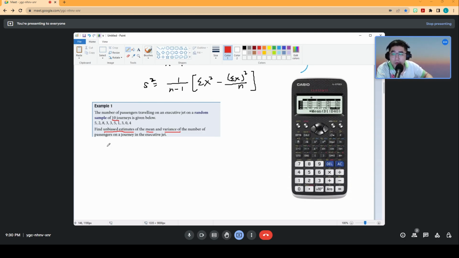So x bar equals (5 plus 2 plus 8 plus 3 plus 3 plus 5 plus 1 plus 3 plus 0 plus 4) over 10. At the same time, you can use the calculator as well.